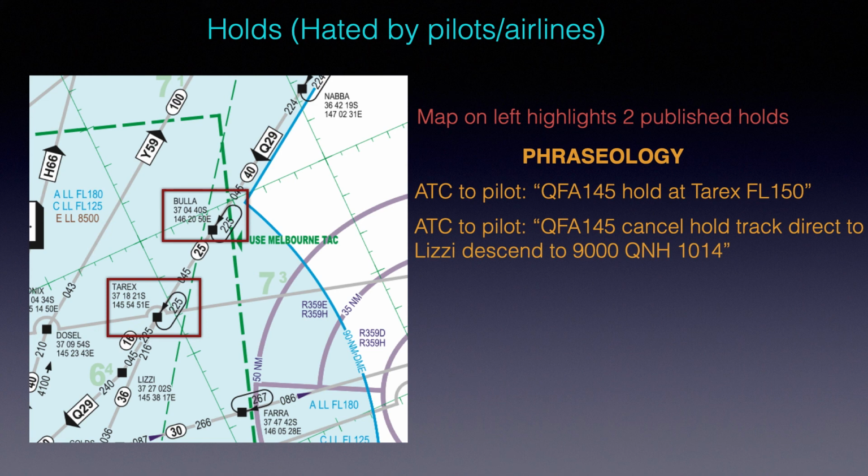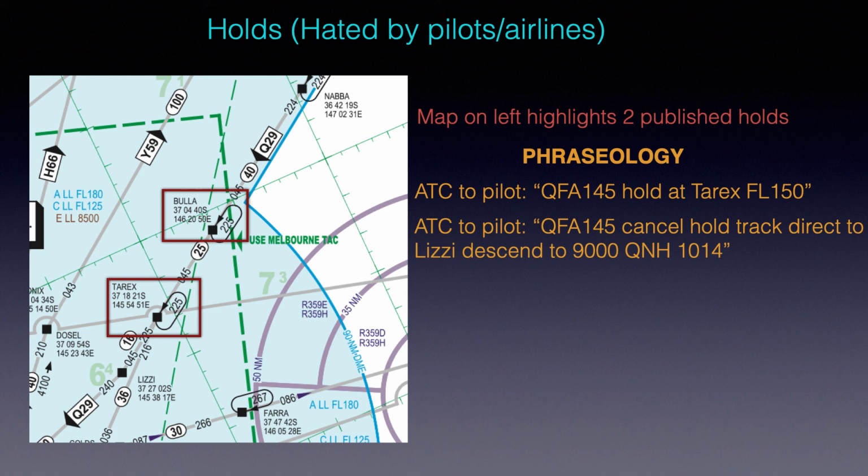That is something that I've really hardly ever seen air traffic controllers do, and it's so effective because you can have these aircraft stacked up. Say at Tarex, you could have one guy at flight level 150, another guy at 170, or whatever. If you look at the chart, you'll see those blue letters.